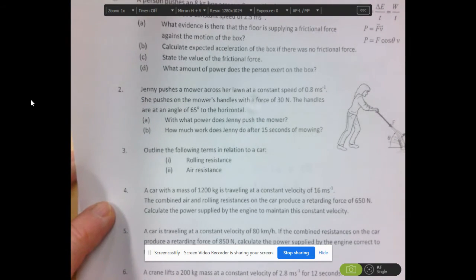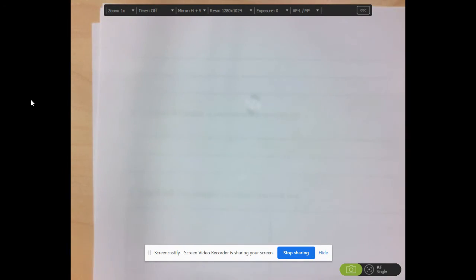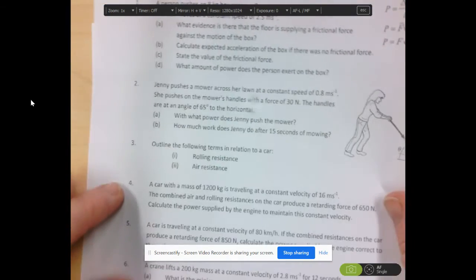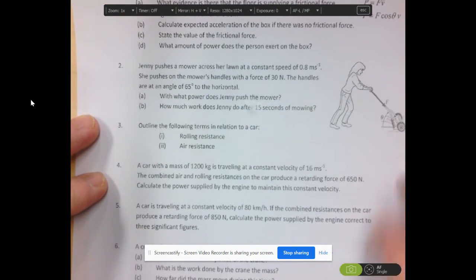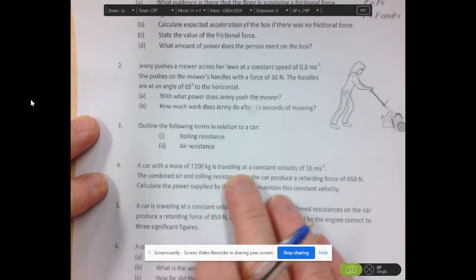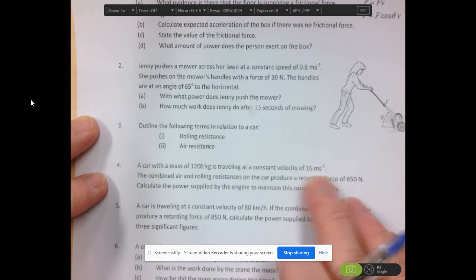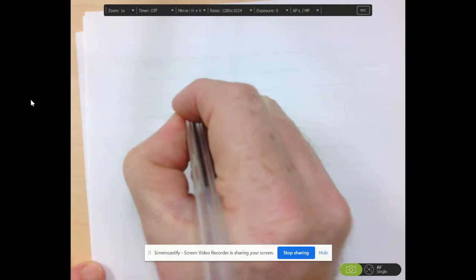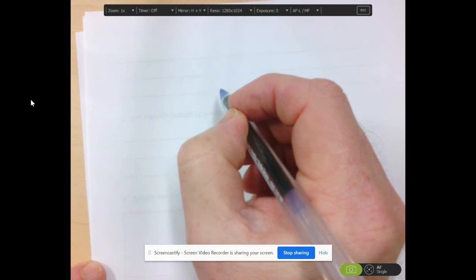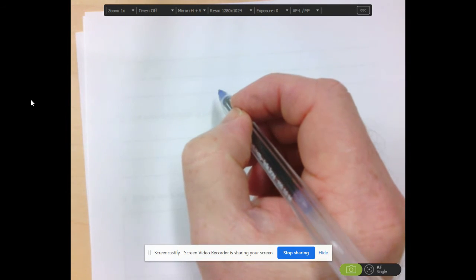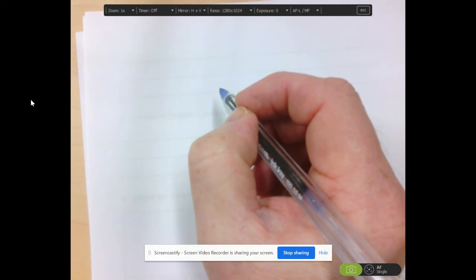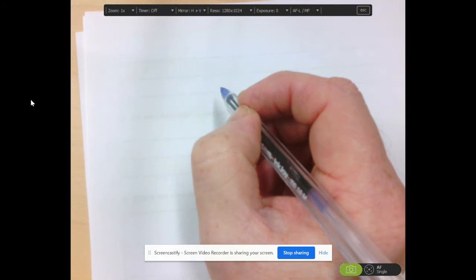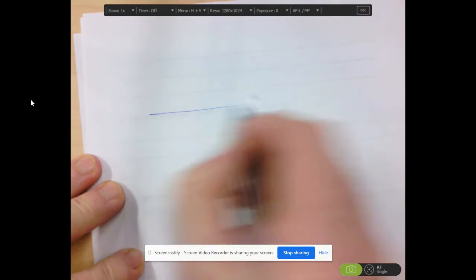Moving on to question 4. A car has a mass of 1,200 kilograms and is traveling at a constant speed of 16 meters per second. Now, when we are doing a car, here's our car.